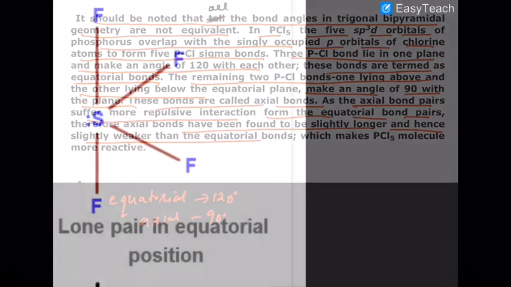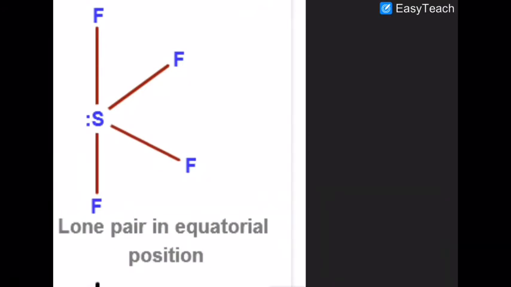Okay, sure about that? Now look at one more case of sp3d, that is SF4. In that case, one of the positions is occupied by a lone pair. So it gives you a seesaw structure. It is called a seesaw structure.